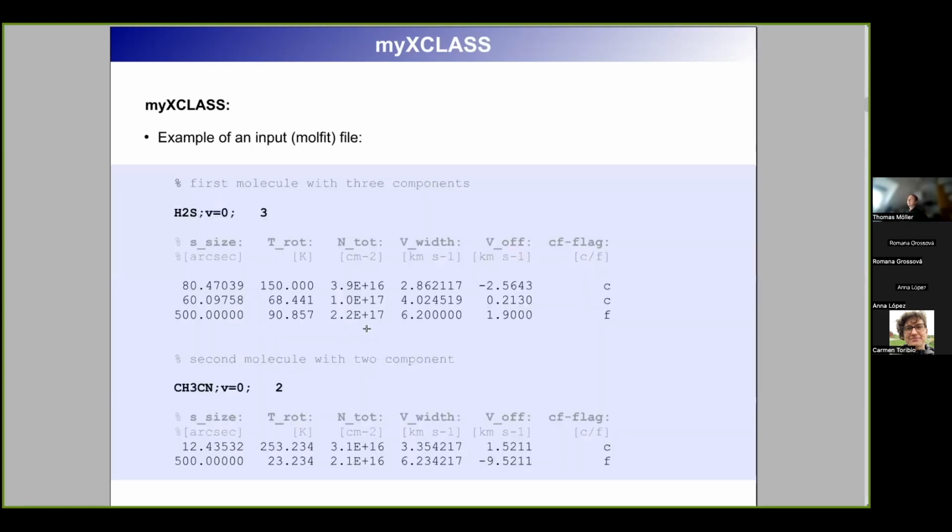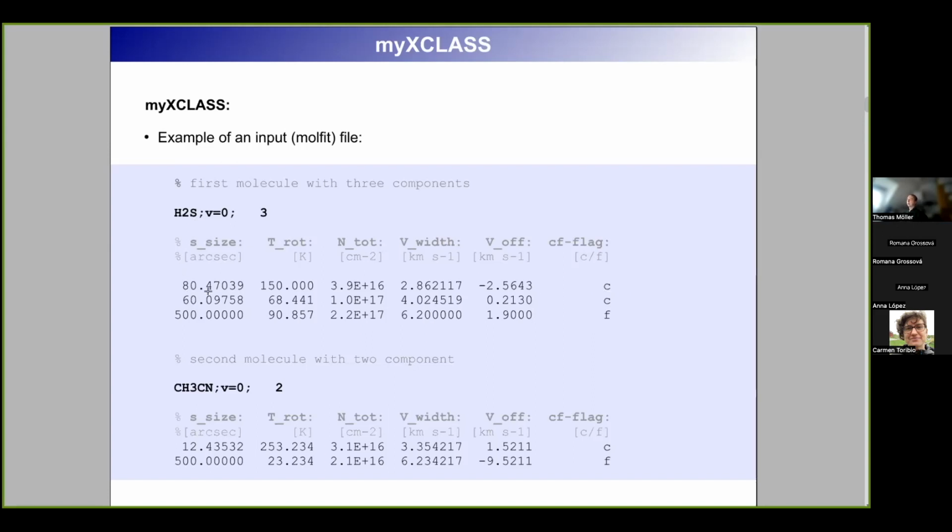And all the parameters for each component are described in an ASCII file, here called the molfit file, where you indicate the molecule which you would like to model with the name of the molecule, and the number of components. So here you have H2S with 3 components, and each row describes 1 component.